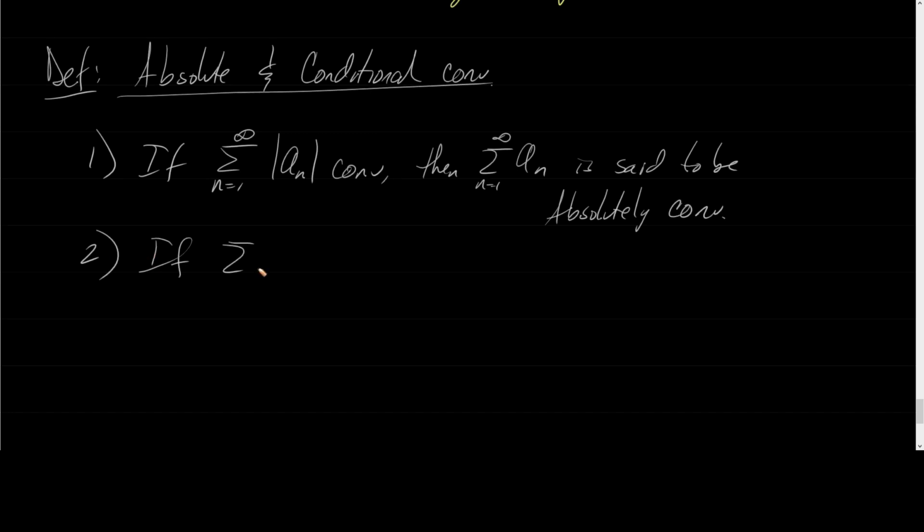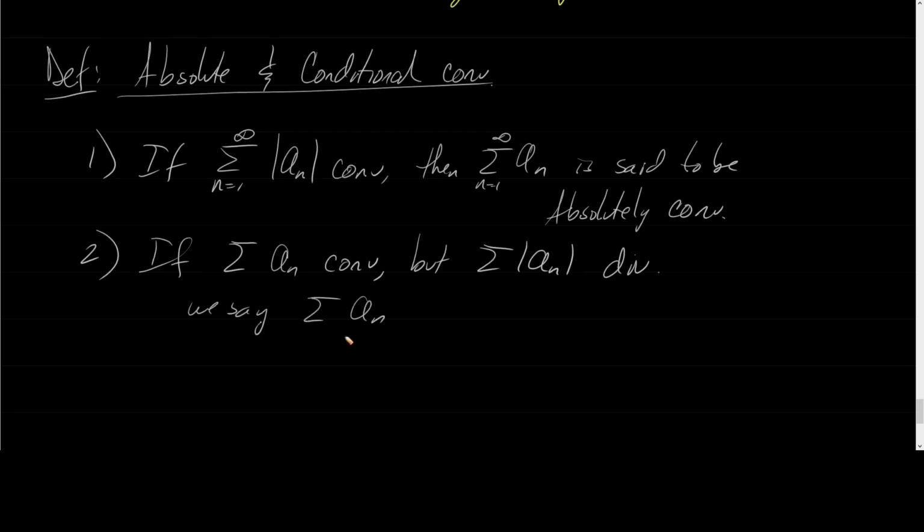If the series of a sub n, the non-absolute value version, converges, but the absolute value version diverges, we say that in general, the series of a sub n is conditionally convergent.